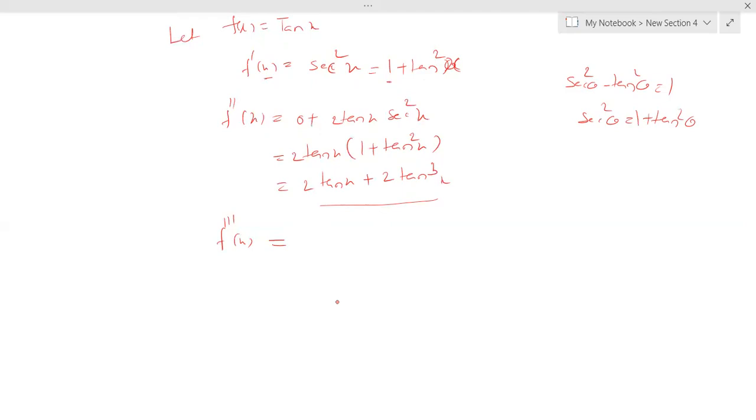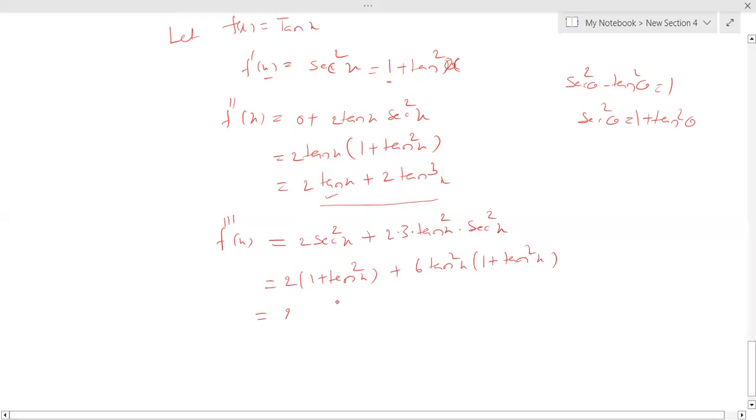Here the next derivative is 2 tan x. Tan x derivative is secant square x, so 2 secant square x, plus 2 into the tan cube x derivative, which is 2 into 3 into tan square x into the tan x derivative, secant square x. Convert this into tan x: 6 tan square x into secant square x, whose value is 1 plus tan square x.